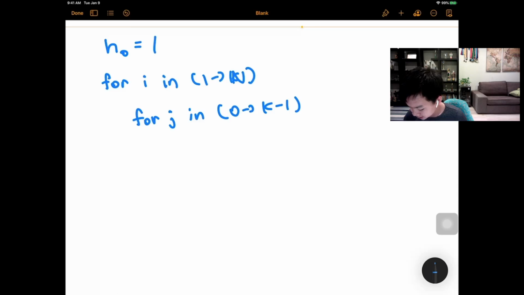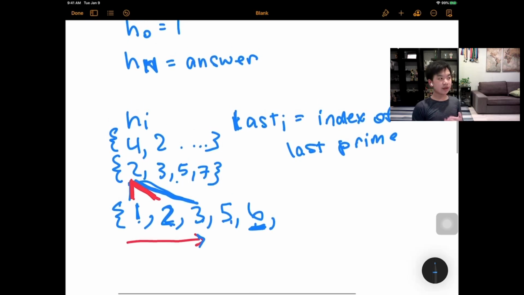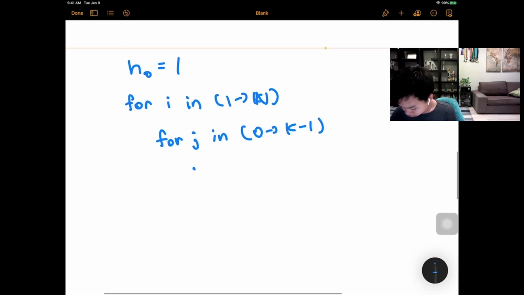So then we have our last from before, and we know that we always want to increment our last because our humble numbers are getting bigger and bigger. So what we're going to do is that we know our last j would be equal to the prime.